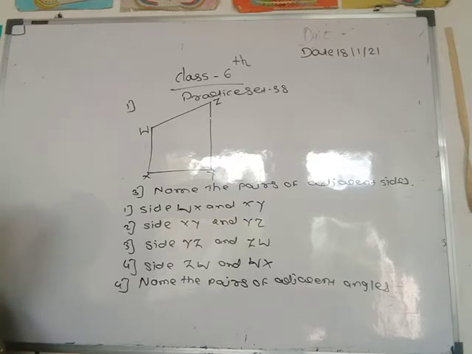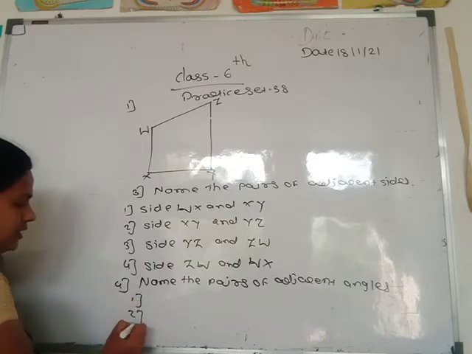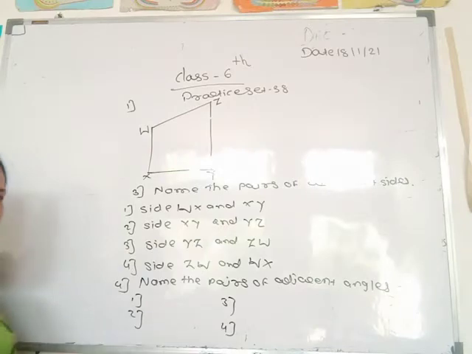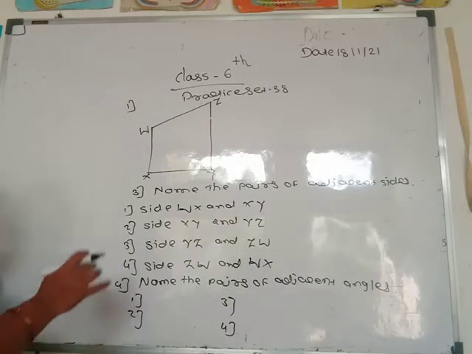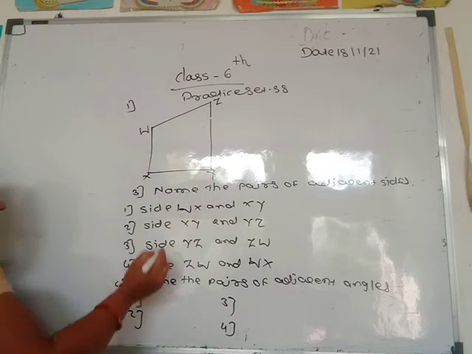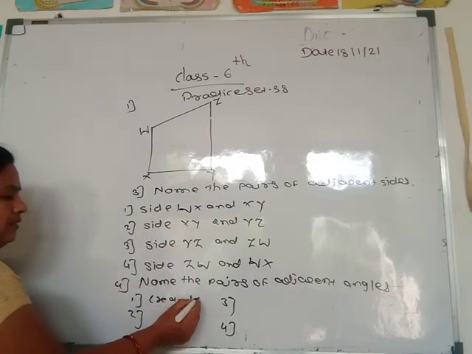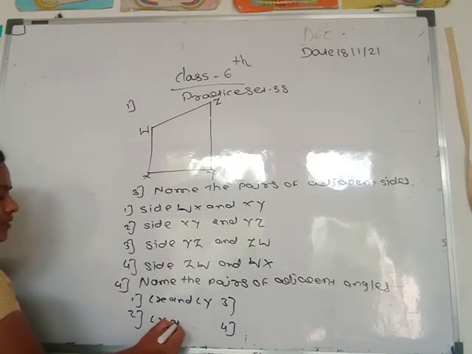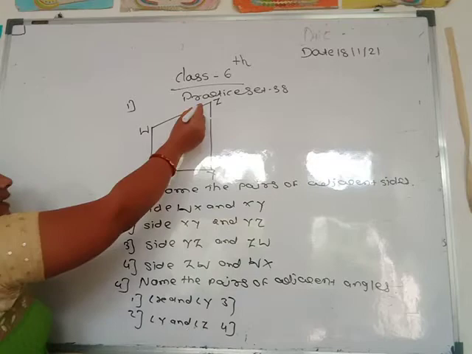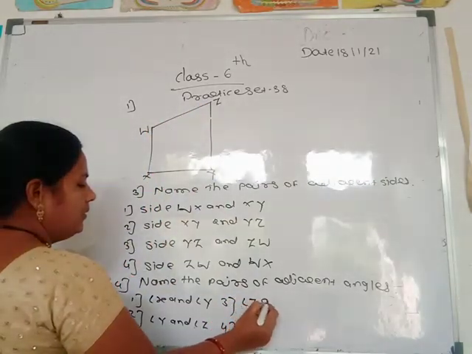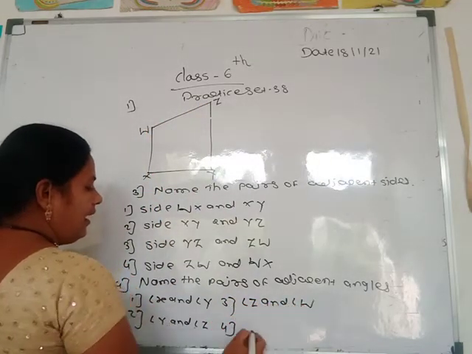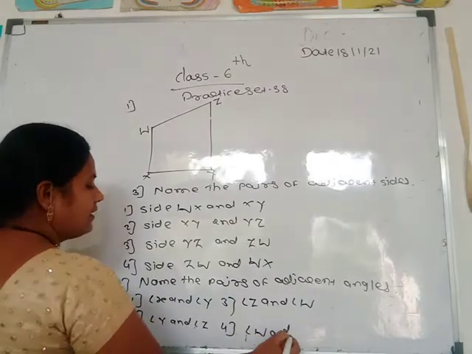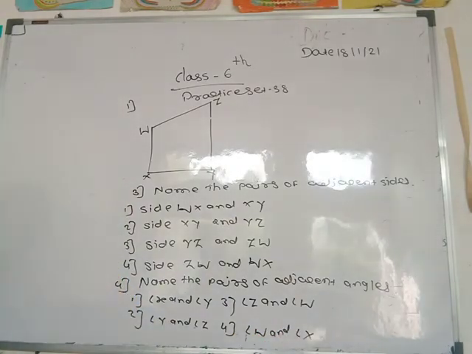Here are four pairs of adjacent angles: angle X and angle Y, angle Y and angle Z, angle Z and angle W, and angle W and angle X. These are the four pairs of adjacent angles.